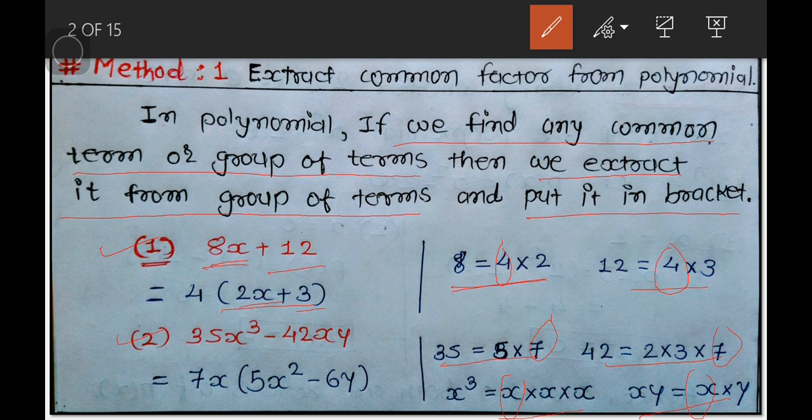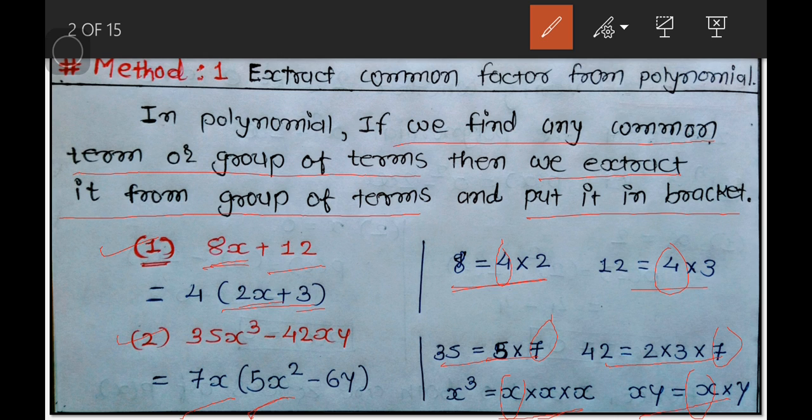7x from both terms and we put the remaining terms in a bracket, as here we have extracted 7x as a common factor. Now the remaining part from both the terms, if we extract 7x, is 5 and x square in the first term. So here we put in the bracket 5x square.